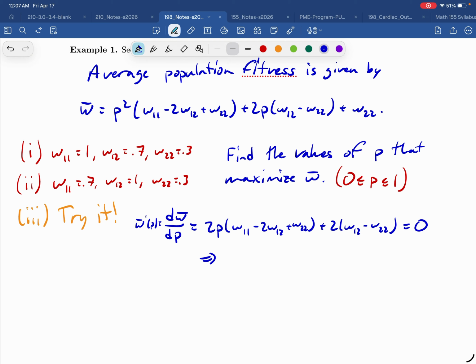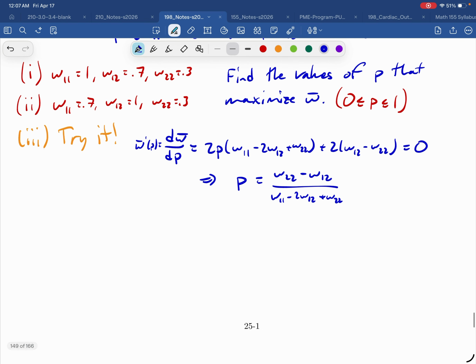And then when you wind up solving for P, you get that P equals (W22 minus W12) all over (W11 minus 2W12 plus W22). Okay? And then we just try it for the cases 1, 2, and you'll try it for 3.